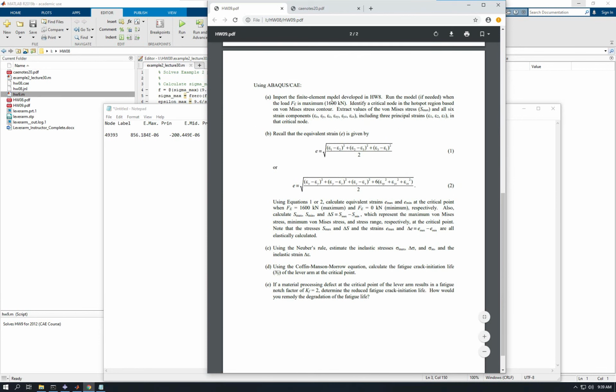according to part 1 of your homework, you have to calculate an equivalent strain. So the equivalent strain can be calculated in two ways, either using your principal strains or using your regular strains, XYZ and sigma XY and the rest.